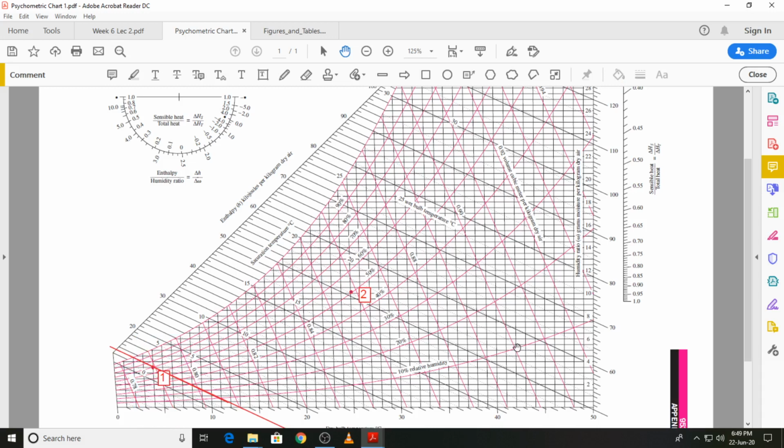Similarly, at state 2, we will find out the specific enthalpy. Drawing a constant specific enthalpy line, you can see the specific enthalpy is 51 kilojoules per kilogram dry air.